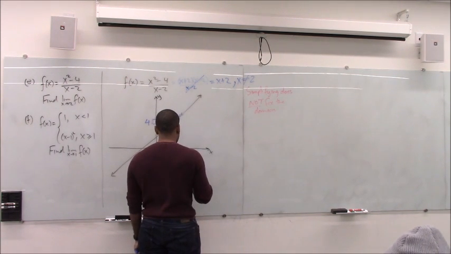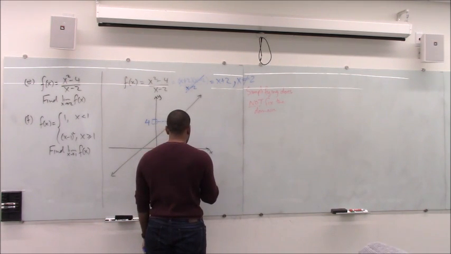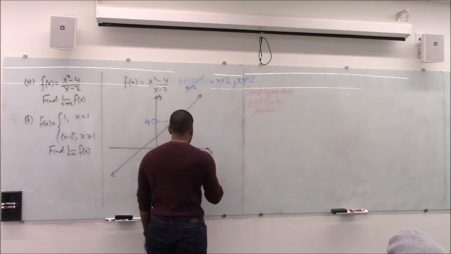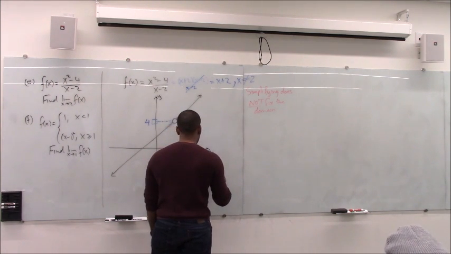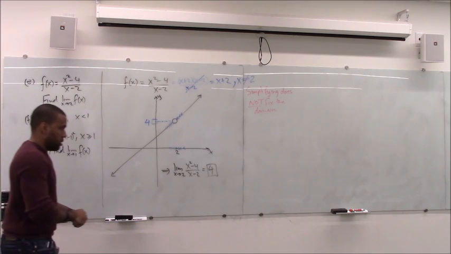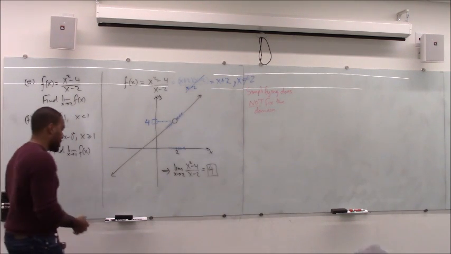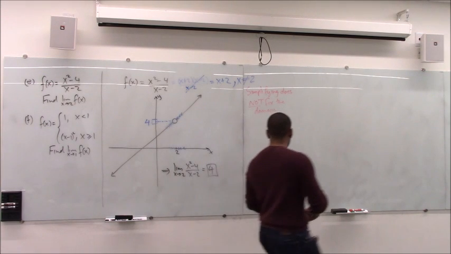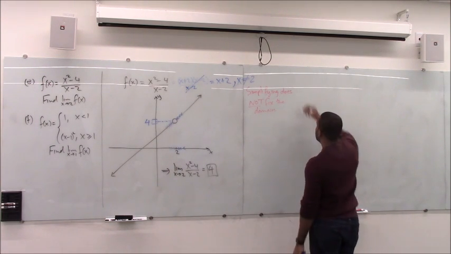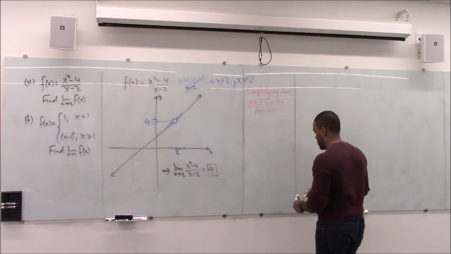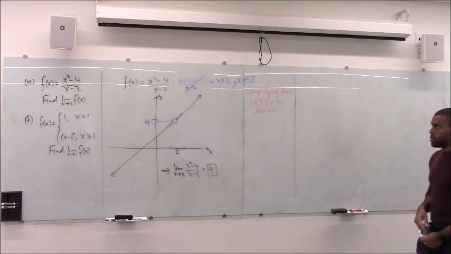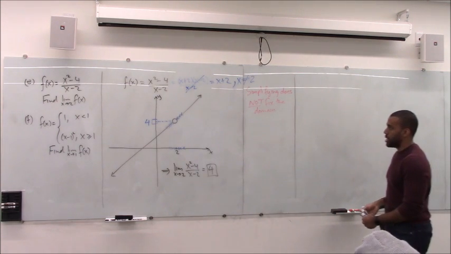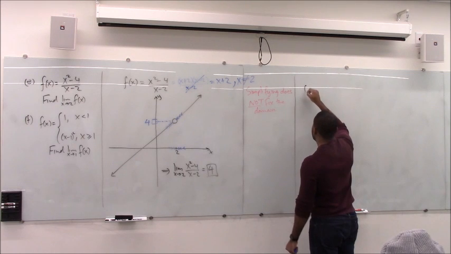So I would be able to say the limit as x approaches 2 of this guy is 4. Now, the function itself never actually outputs the value 4, but the limit doesn't care. Okay, so that's the first one. That's what the picture would look like, and that's how the limit would behave.